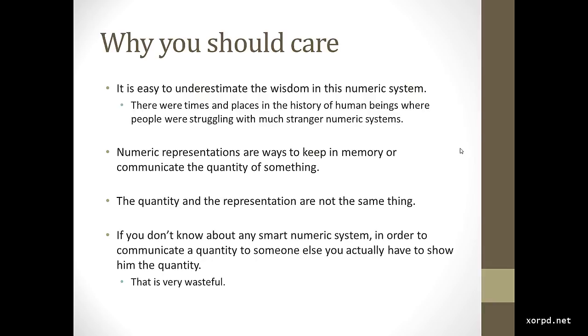Numeric representations are ways to keep in memory or communicate the quantity of something. Which means that if I want to communicate some quantity to somebody else, maybe a very large quantity, I can just take a paper and a pen and write some small digits on the paper, and those small digits together represent a very large quantity.